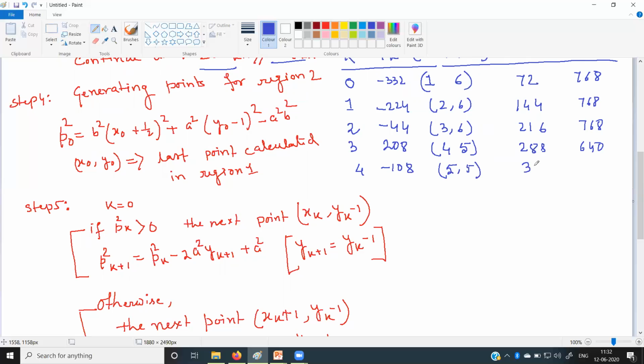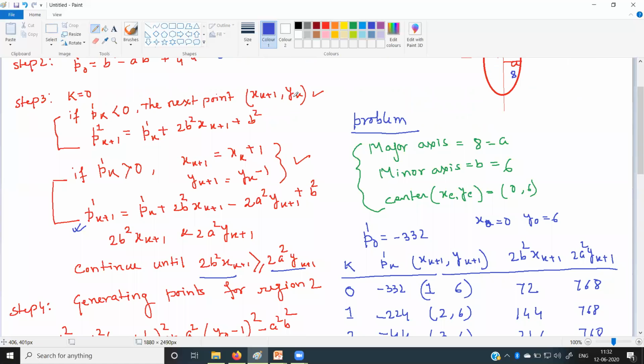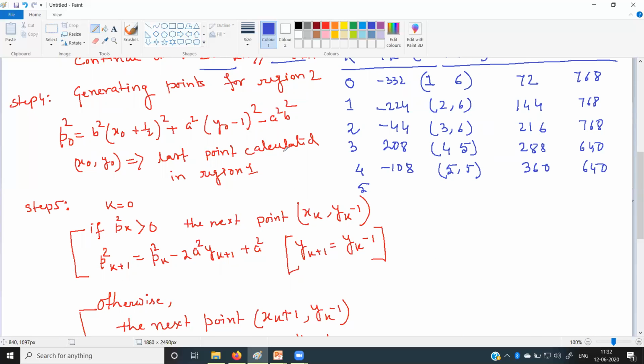So it will be 360 and 640. Now in the fifth iteration, again it is negative, so based on that you have to compute pk plus 1 using this equation. If you put in the values, you will get the value 288. Fine. So it will be 6, 4, and 432 and 512 if you compute it.